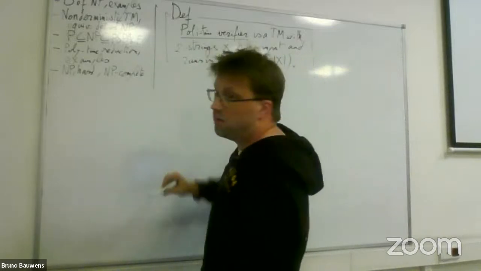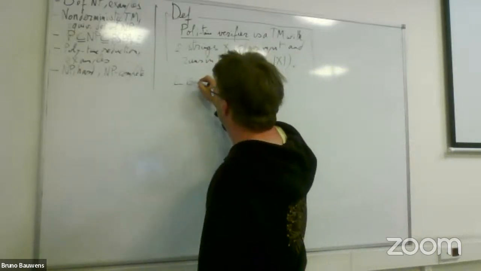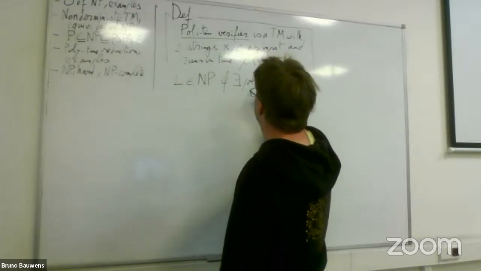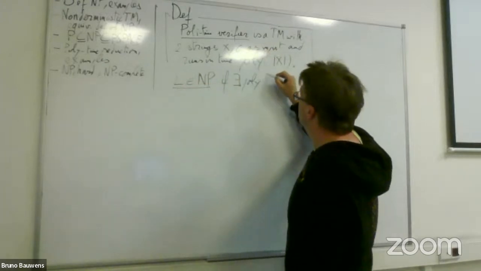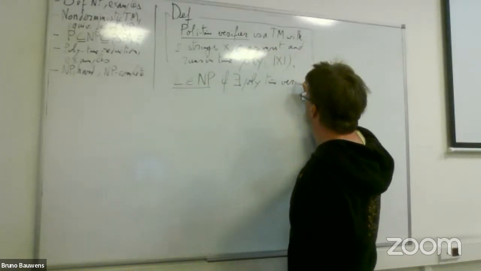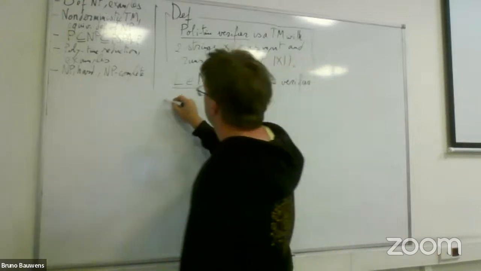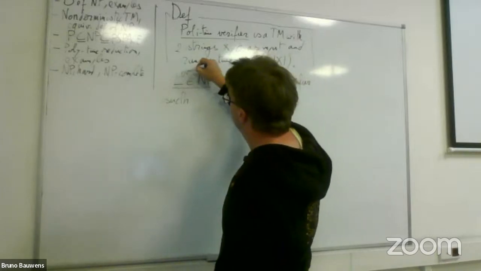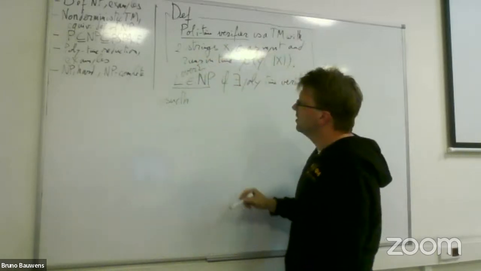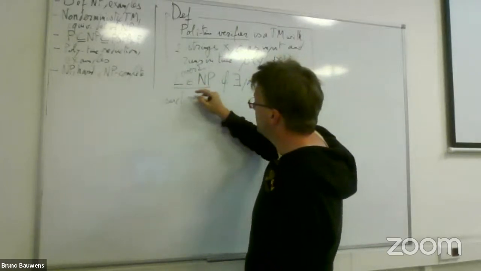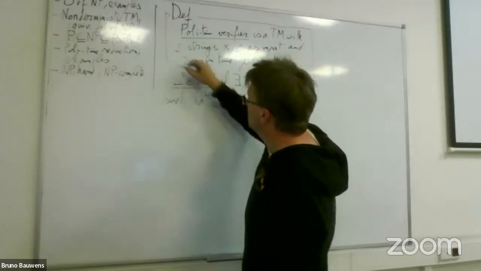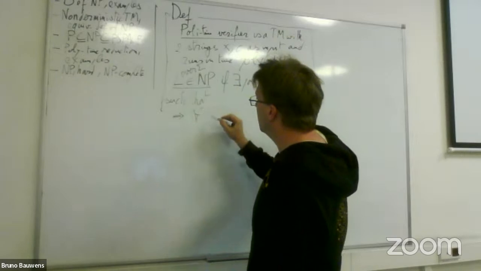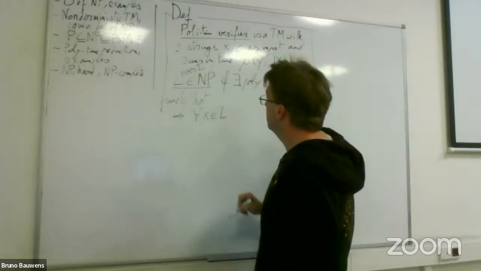Okay, and then we say that a language belongs to NP if there exists a polytime verifier. A language L over sigma belongs to NP if there exists a polytime verifier such that two conditions hold.